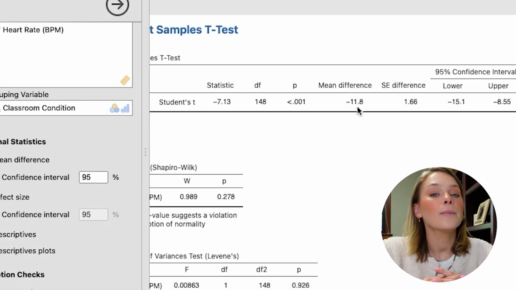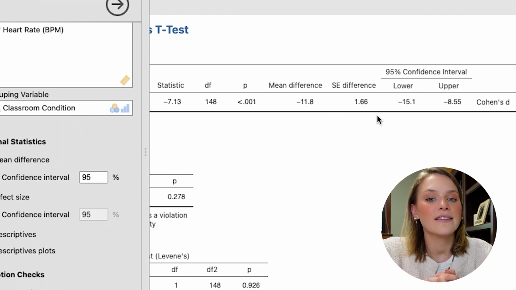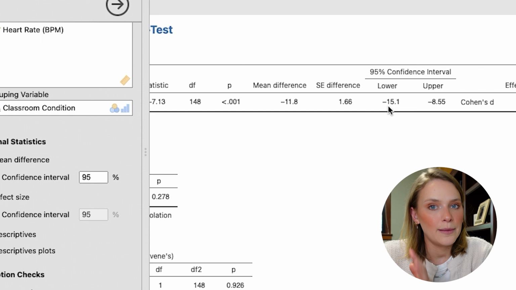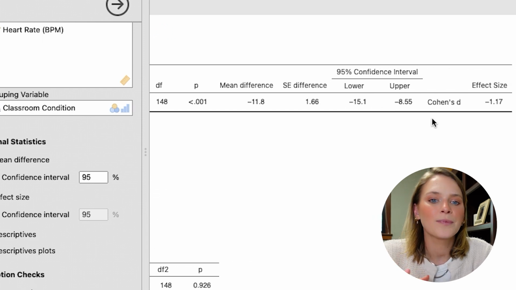So we have our estimate that the difference is around 12 beats per minute, but the confidence interval gives us a range to say, that is just an estimate, but we are pretty sure that the difference exists somewhere between, in this situation, 15 beats per minute to 8.5 beats per minute.